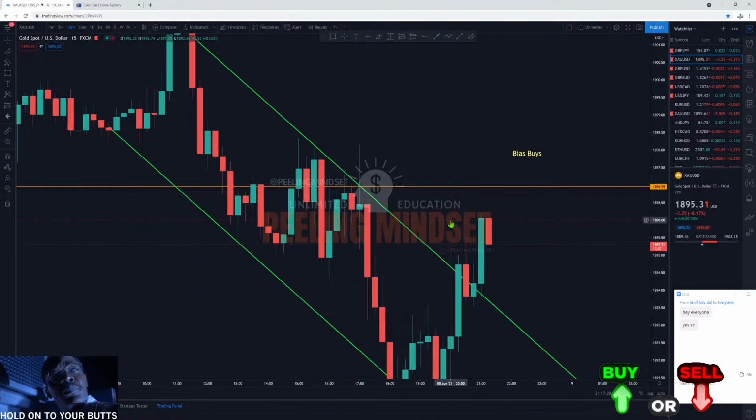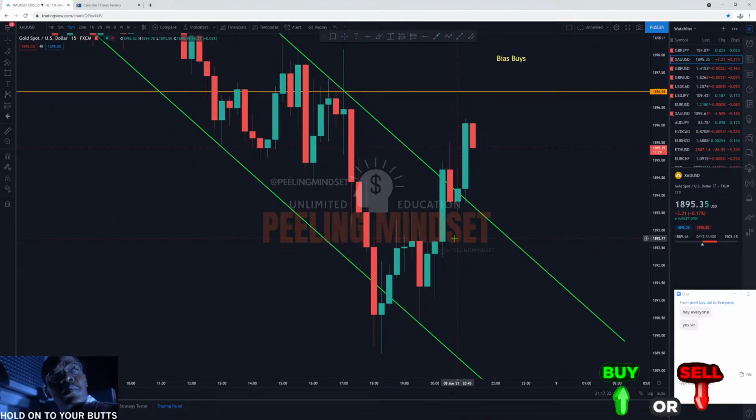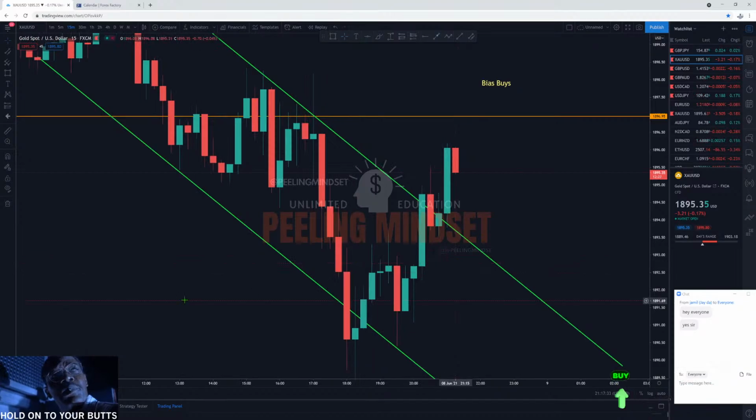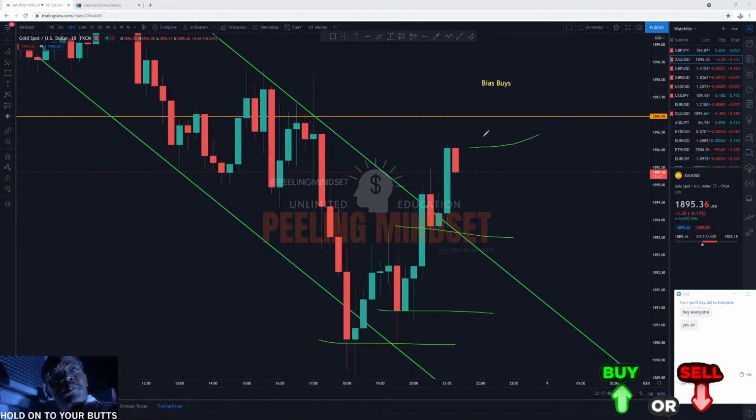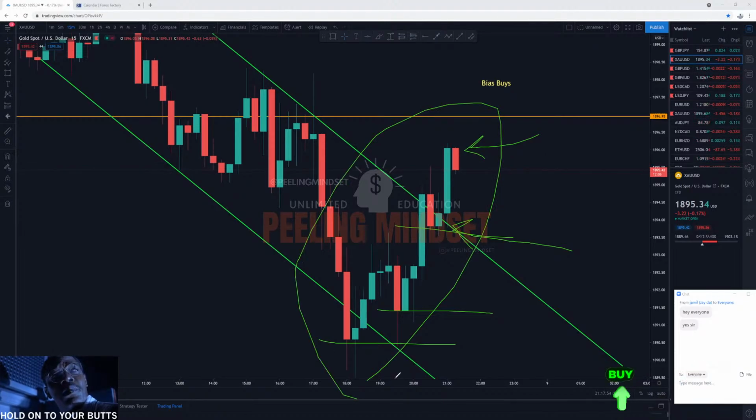All right, let's wait and see. See how it's so much clearer on a 15-minute to see candles moving up in steps. Maybe this could be a potential step here. As long as this candle respects this support, looking at the recent price action, there could be a bullish movement.